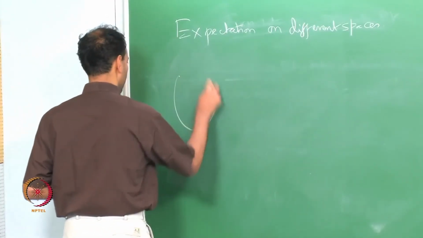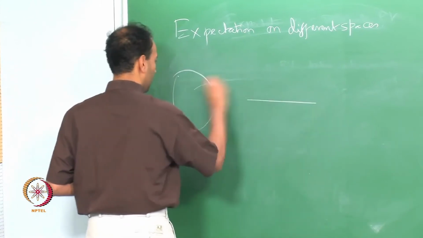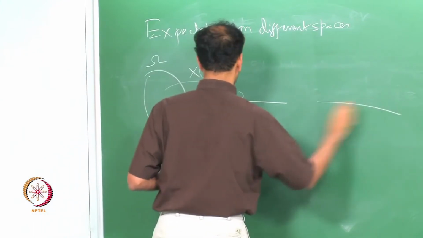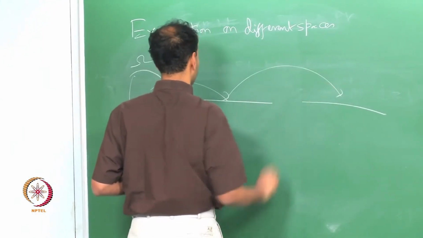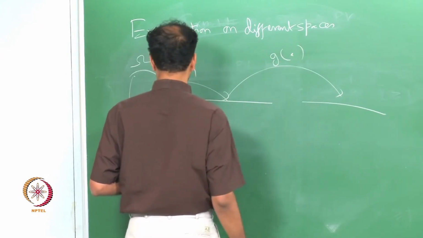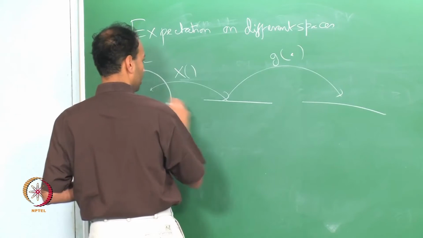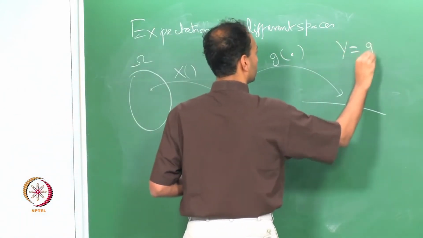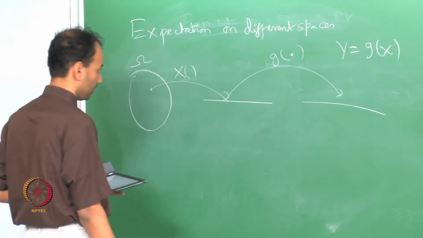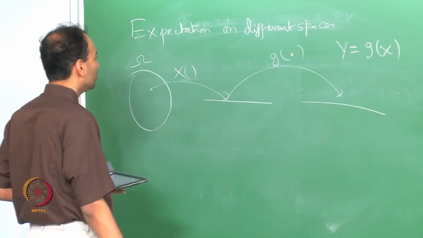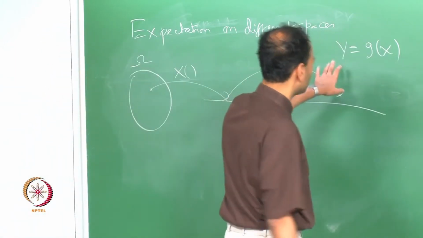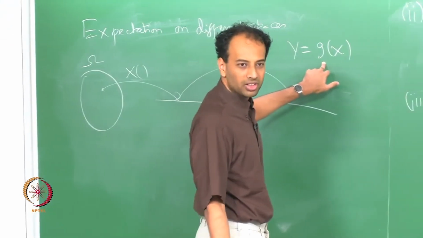Suppose I have a situation where I have a random variable x, this is my omega, this is my x, and let us say I have this g, and so I have y equals g of x. I have some function of a random variable, which is also a random variable if g is a measurable function.